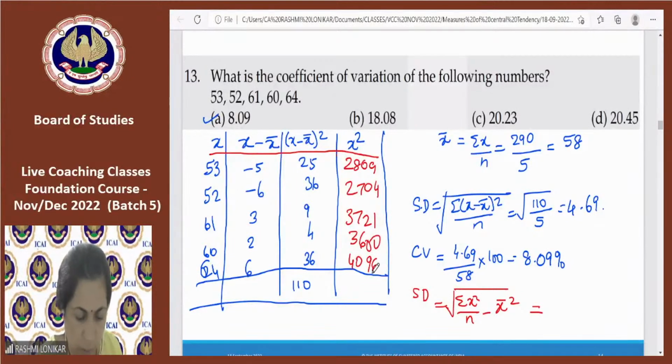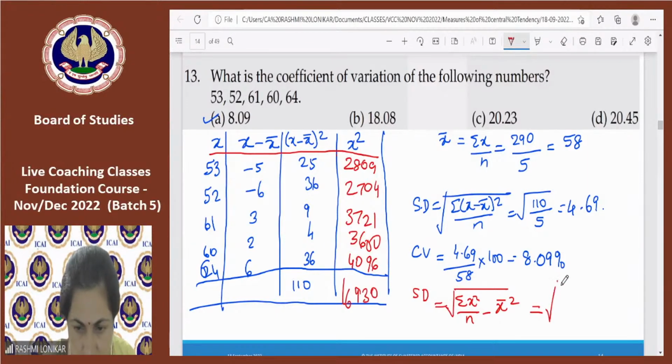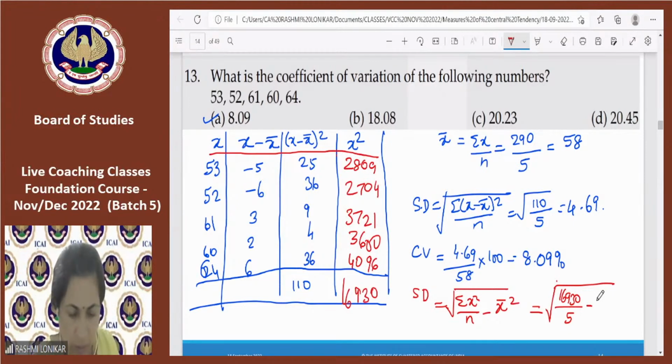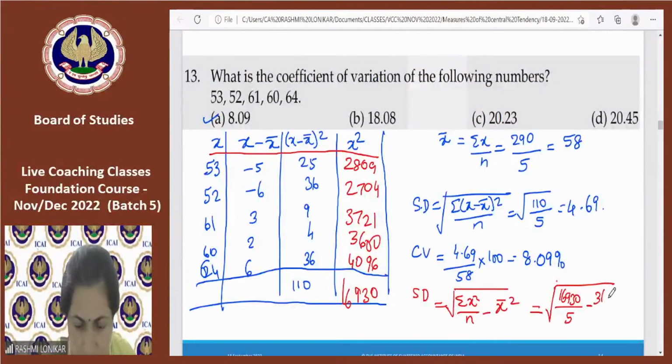So we'll add them up. 2809 plus 2704 plus 3721 plus 3600 plus 4096, which is equal to 16930. So this is equal to square root of 16930 upon 5 minus x bar square. What is x bar? 58. So 58 into 58 is 3364. Okay.